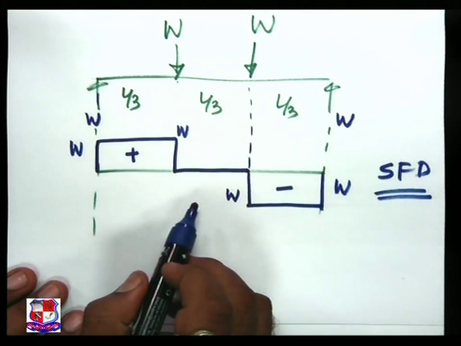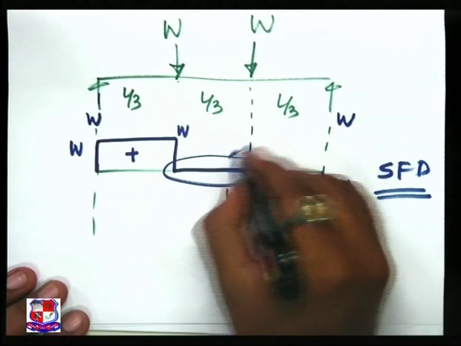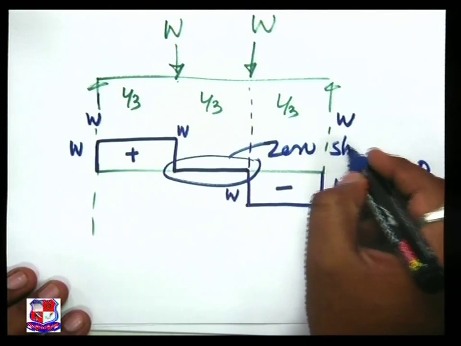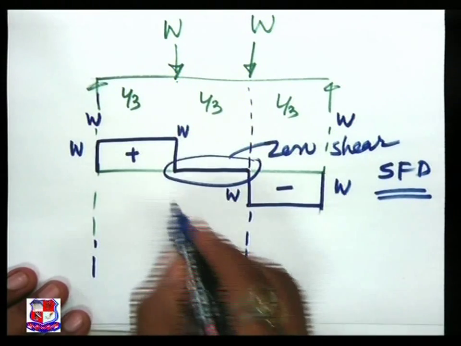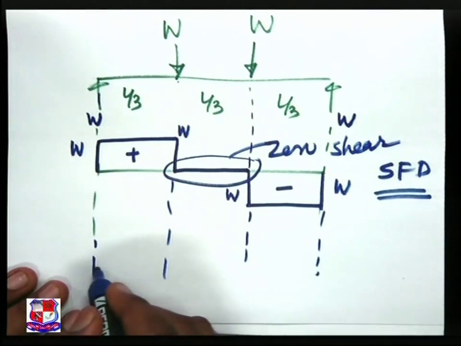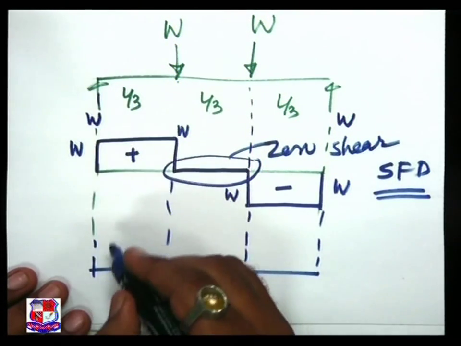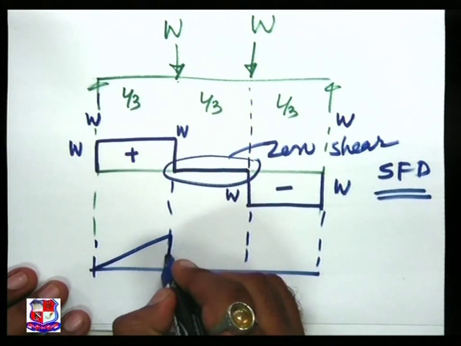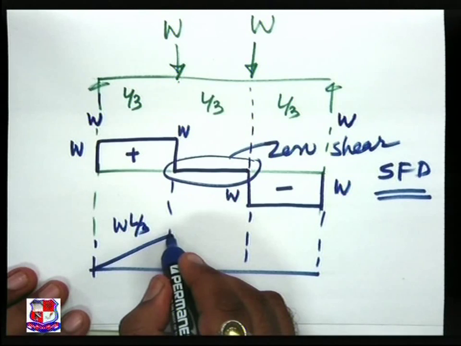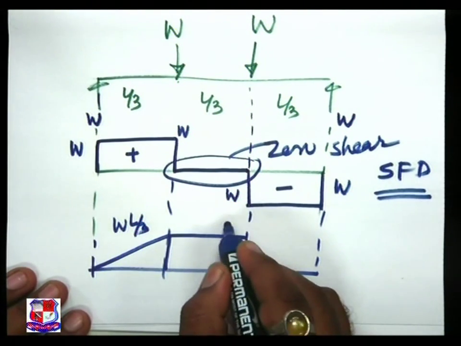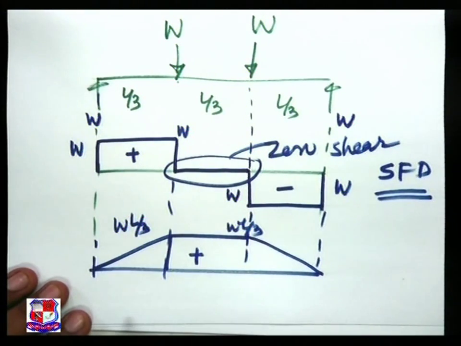Why have we taken this simple case? Because please refer to the zone over here where there is zero shear force. Now if we plot the bending moment diagram, with the baseline, W into L by 3 is the bending moment developed over here. Here it is a straight line, once again WL by 3, and then 0, plus sign.